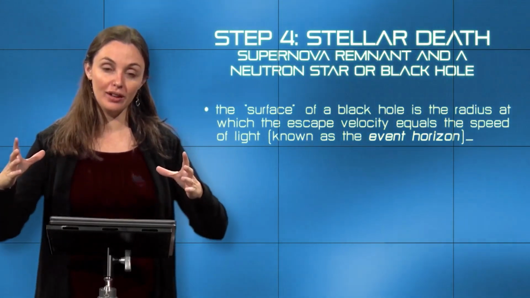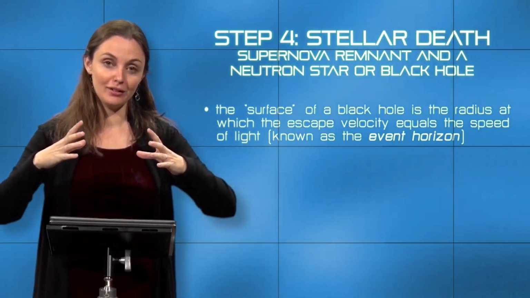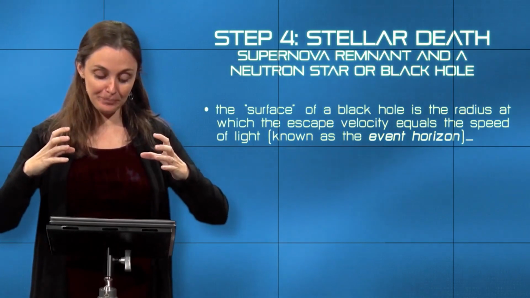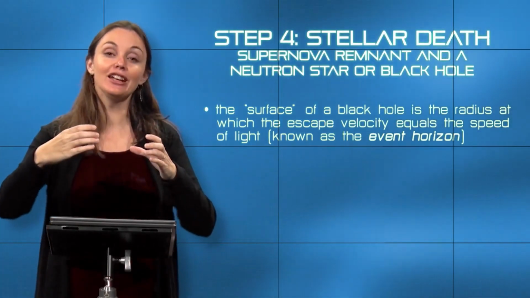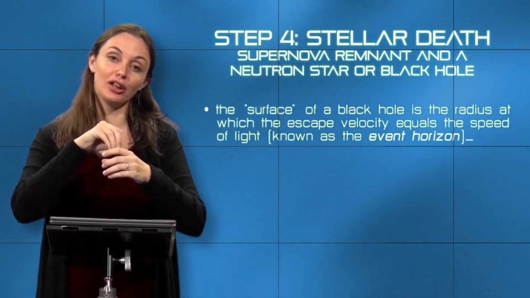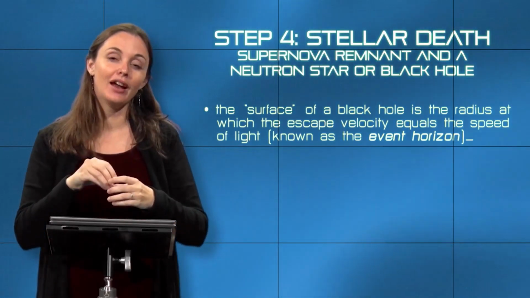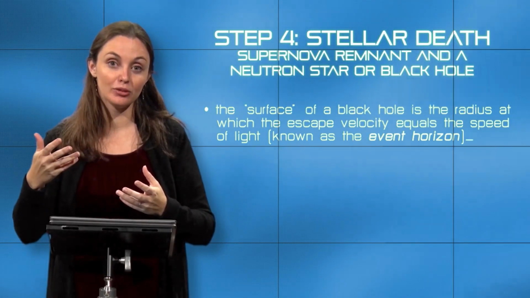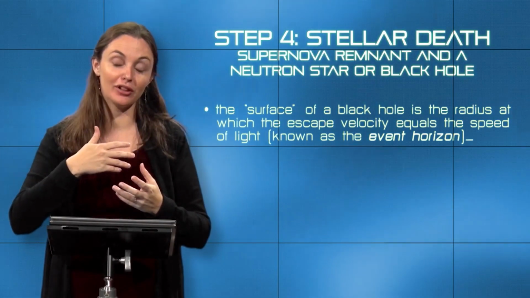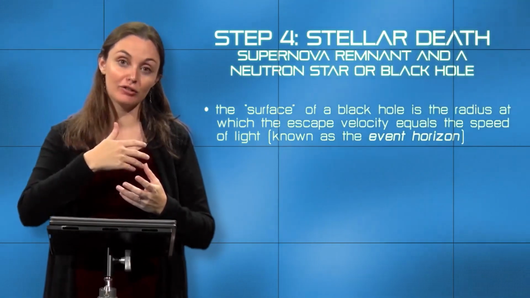Now, within the event horizon, the escape velocity only increases and increases as you get to that singularity. If you look at the formula for escape velocity, it's dependent upon mass, which has a positive relationship with the escape velocity, and radius, which has a negative relationship.